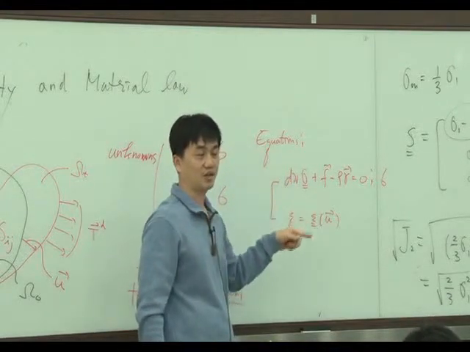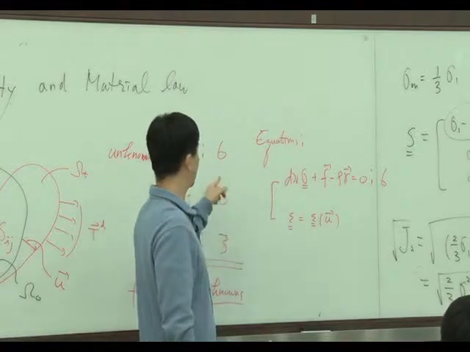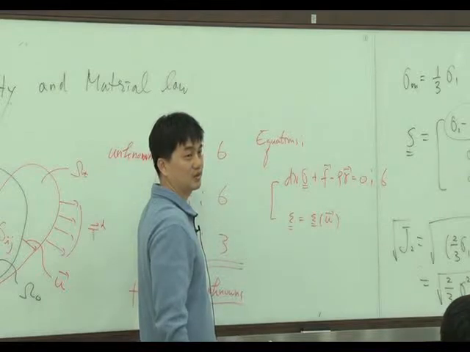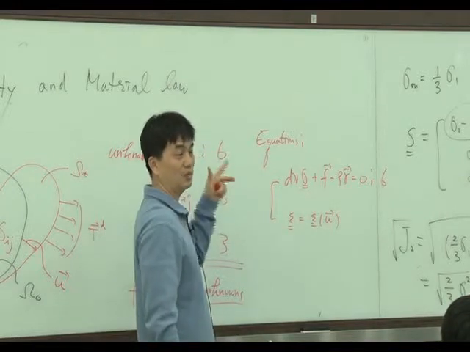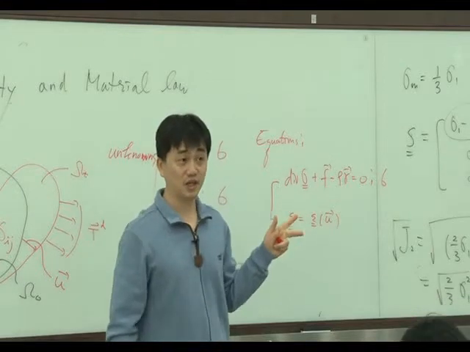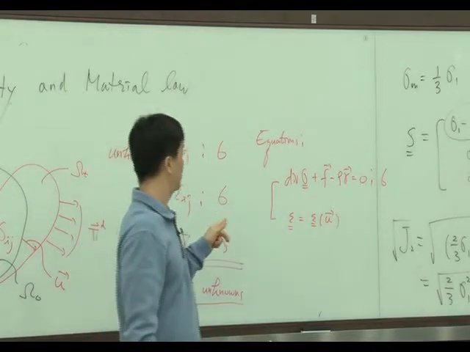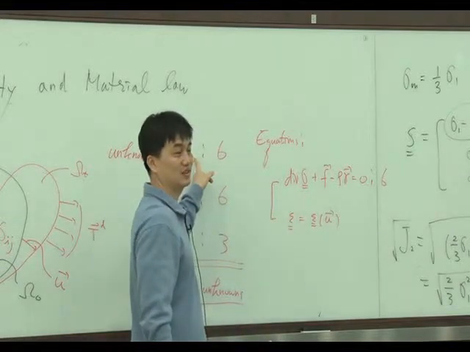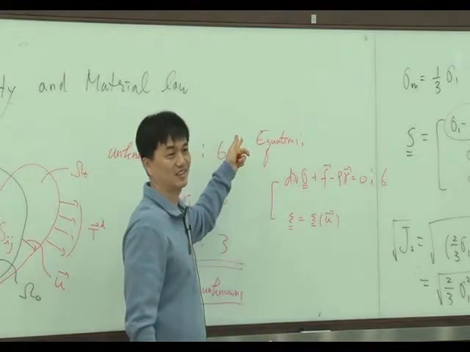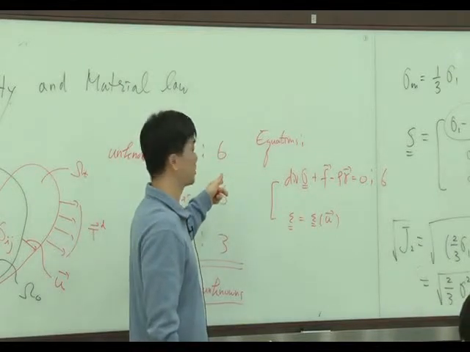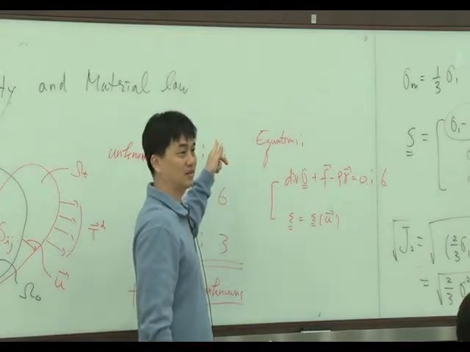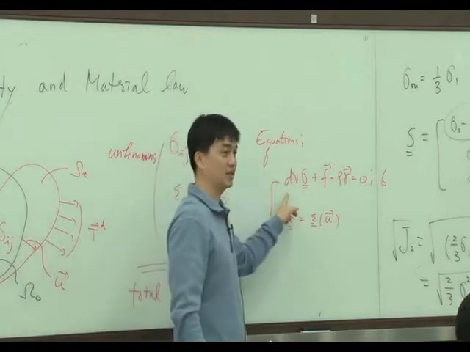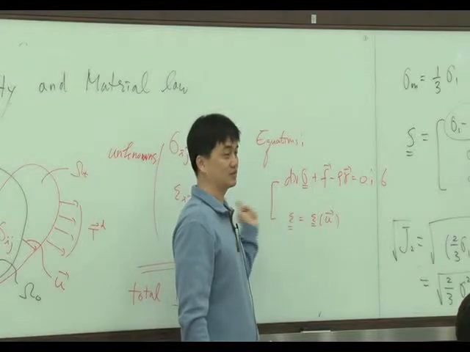That is also included because here we used that stress is symmetric. So we have 3 angular momentum balance equations, right? If I wanted to put those equations here, I need to increase this from 6 to 9. If I just consider 6, then we cannot include the angular momentum balance. So same thing actually.